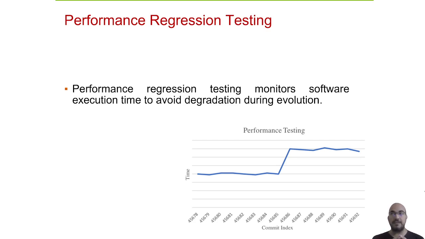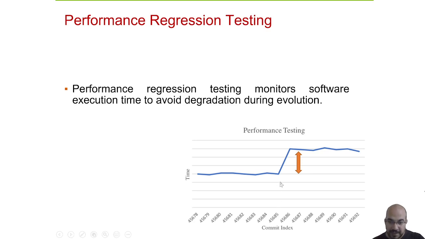In this testing process, we care about capturing any code changes that may introduce anomalies in the execution time of the software, in terms of speedups or slowdowns. In this example, we have a timeline of execution time along with several code changes, and we can see that we experienced a slowdown at commit 45686.